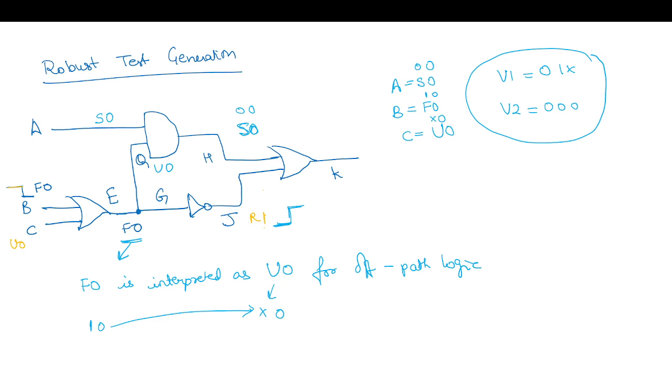Yes, at K we will get R1. We will get this rising transition. And if this node had some delay, then it could have delayed this transition. So in this way, we will be able to detect this fault. Like we have propagated not this node but this path. Yes, K will be R1.